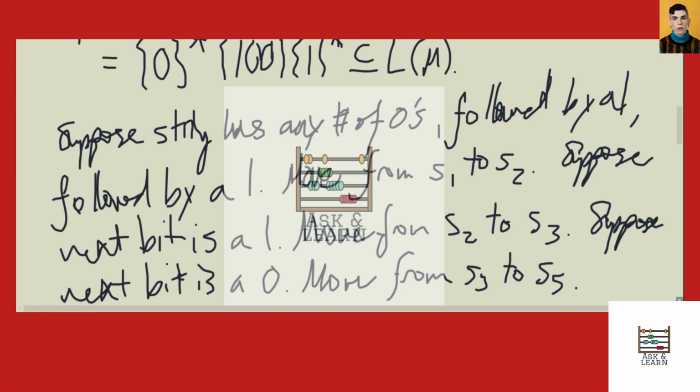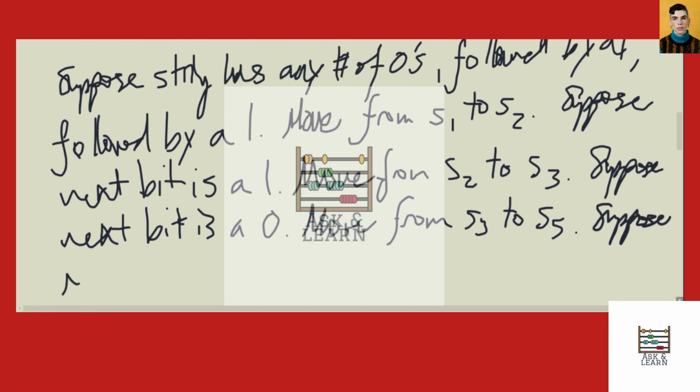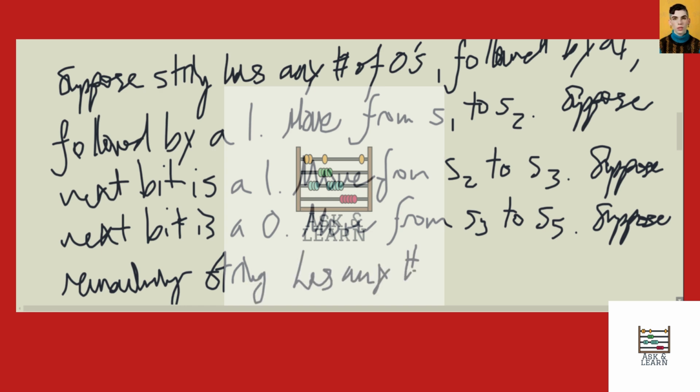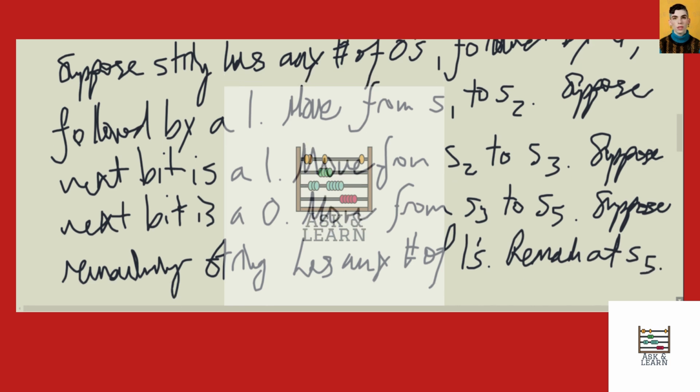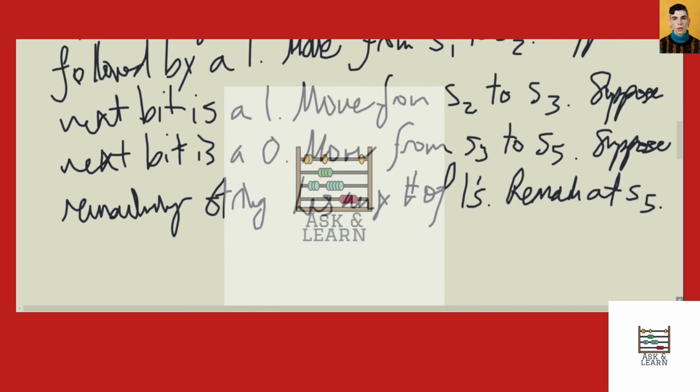And of course, at S5, if the remaining string has any number of 1s, then we're going to remain at S5. And this is a final state, so this is going to be recognized by the automaton.